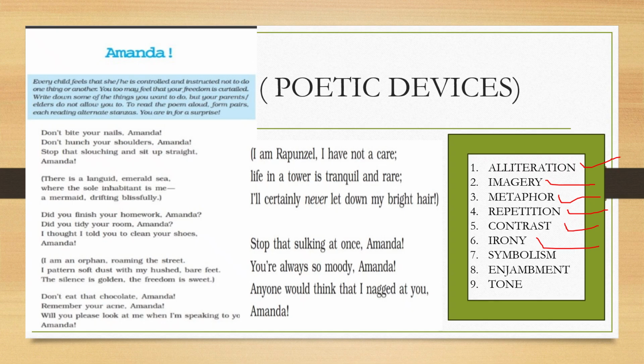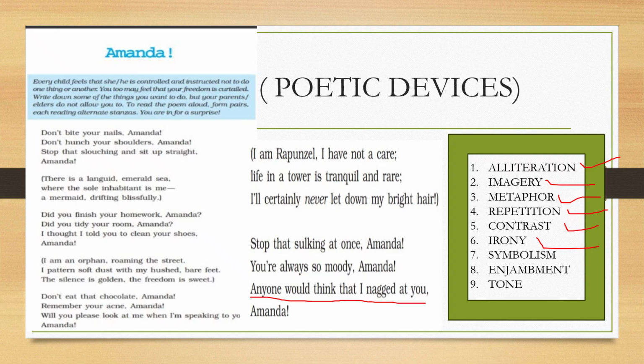The mother says, anyone would think I nagged you. Last line: anyone would think that I neglect you, Amanda. Adult mother says, anyone would think that I nagged at you. Here, the mother is not understanding or accepting her mistake. That's why she says, anyone would think that I nagged at you.